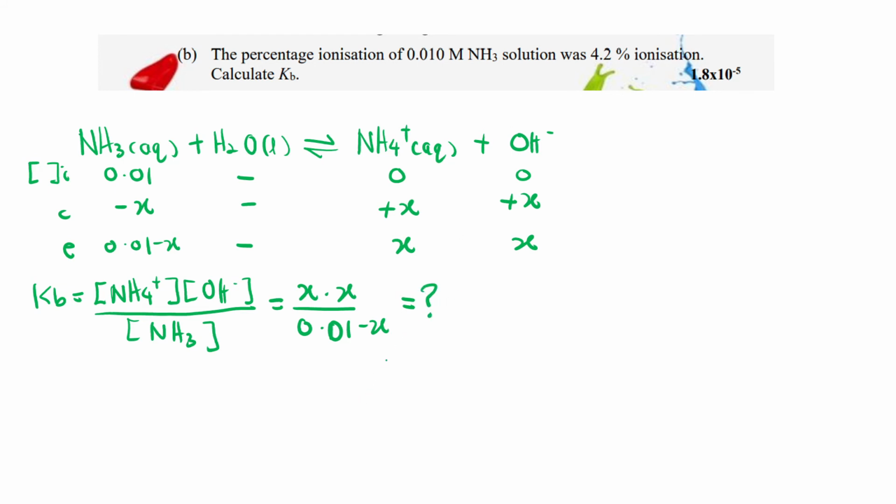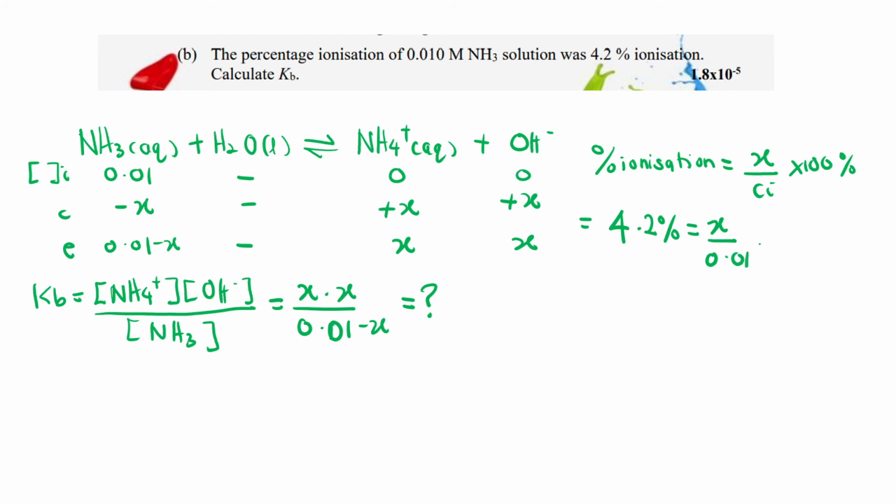Okay, berapakah nilai Kb? So in the question kita diberi percent ionization. The formula for percent ionization ialah X over C initial times 100%. Given 4.2% equal to X over C initial 0.01 times 100%.